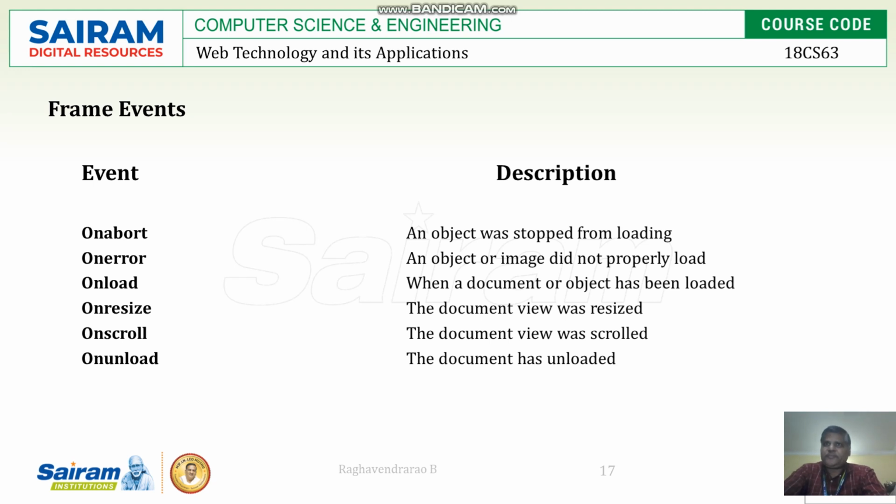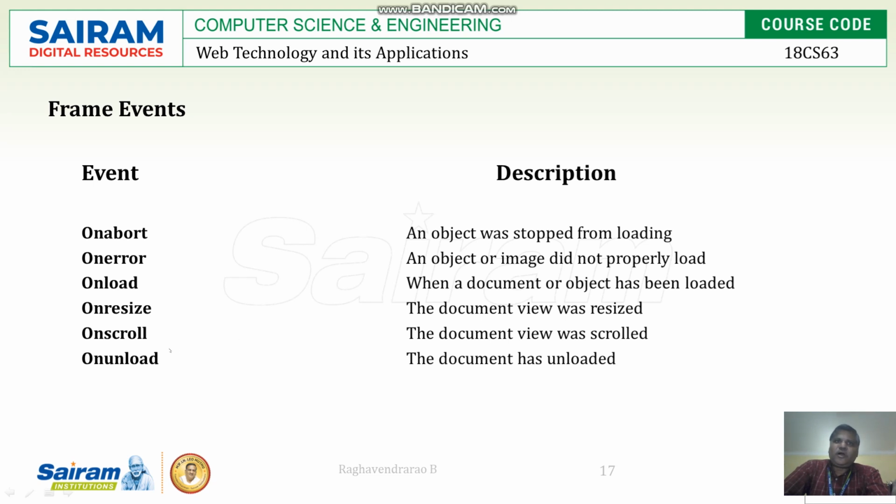On resize is nothing but, here is the screen, right? If I shrink it, what should happen? Automatically the navigation bar should appear. I am going to write it so that action happens. Then on scroll: if you scroll like this, what should happen?